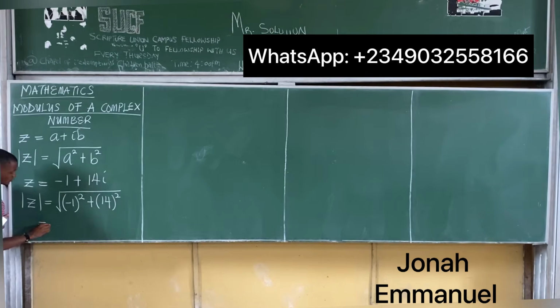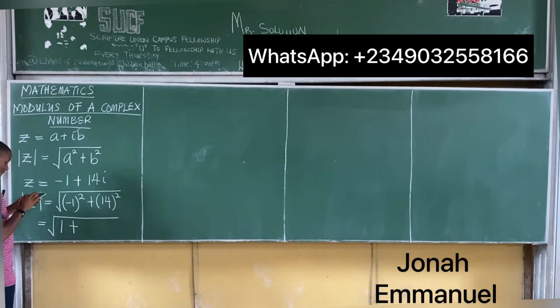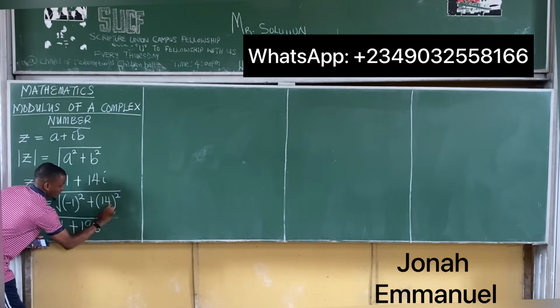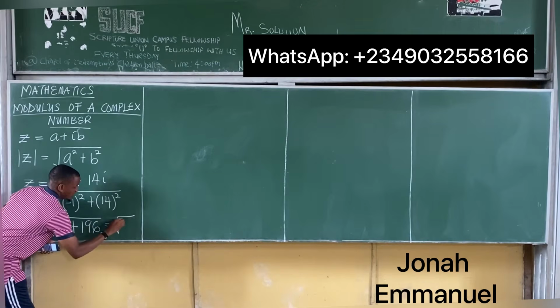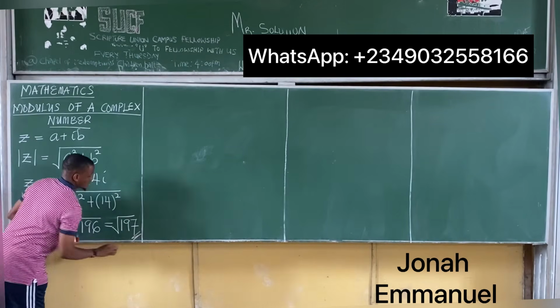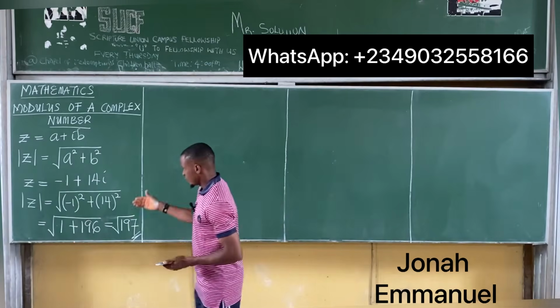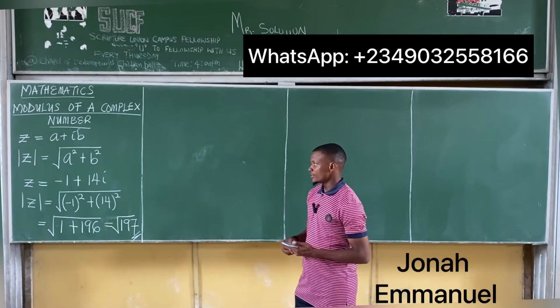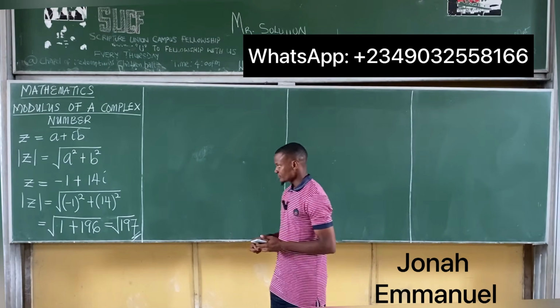So this is equal to the square root of minus 1 squared, which is 1, plus 14 squared. Let's get this done. 14 squared is equal to 196. So this is equal to the square root of 197. So hence, the modulus of z is equal to root 197. So this is how we get the modulus of a complex number.